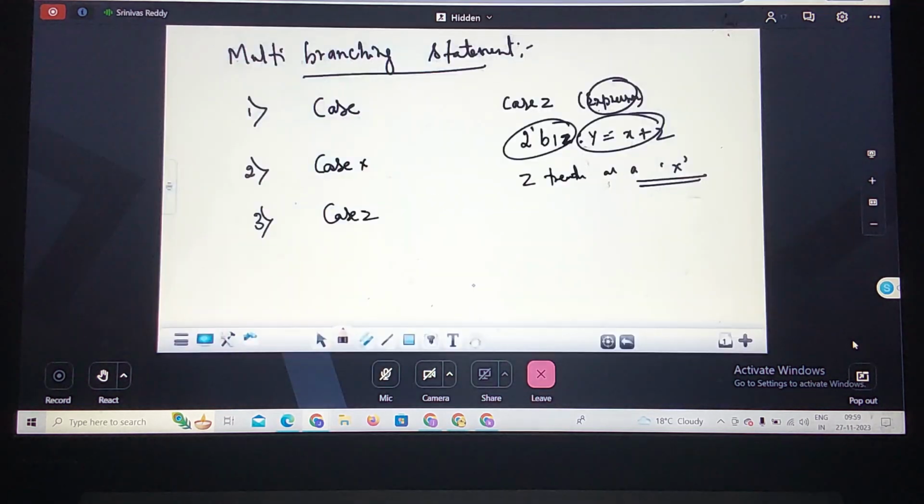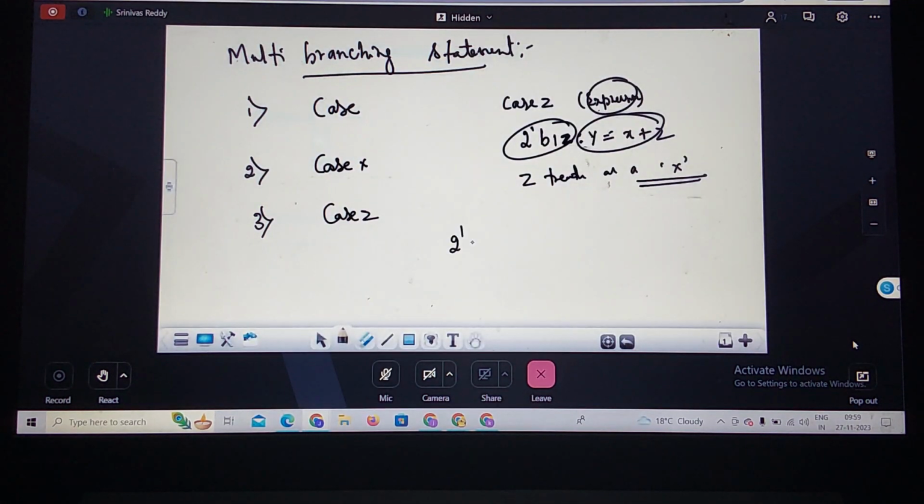Let us take an example. I'm writing the alternative like this: 4 tick B, 1 Z Z Z. This Z also can be represented by a question mark. These bit positions are denoted by question marks.